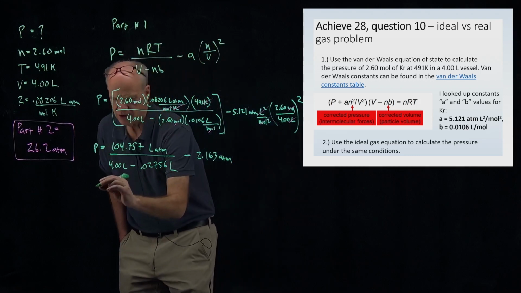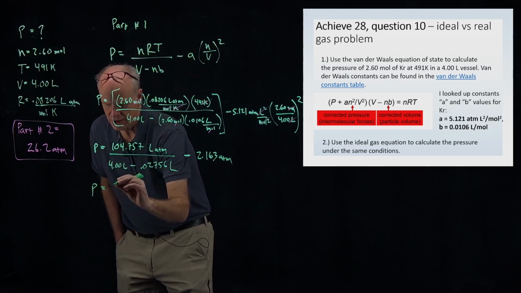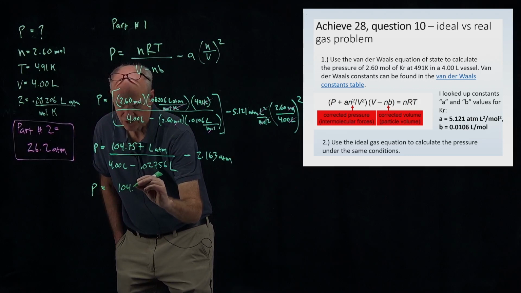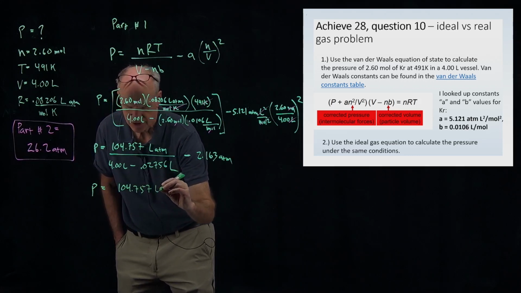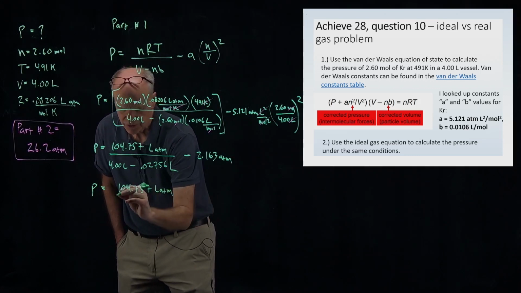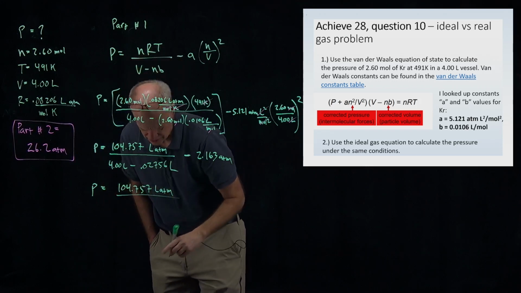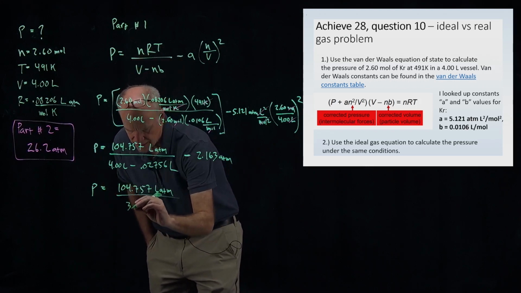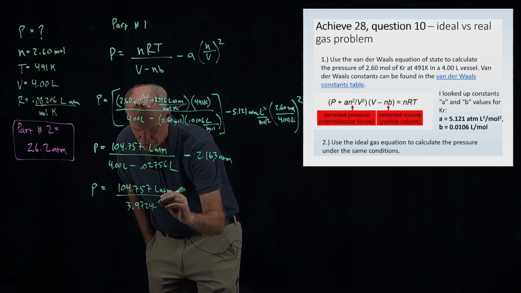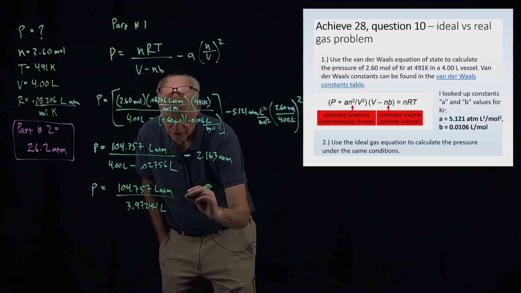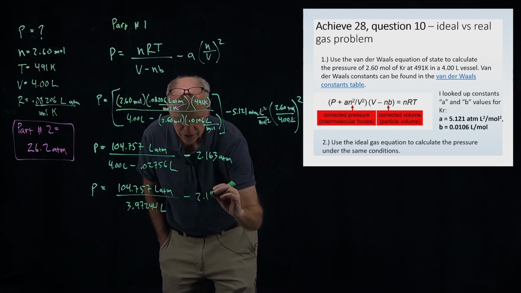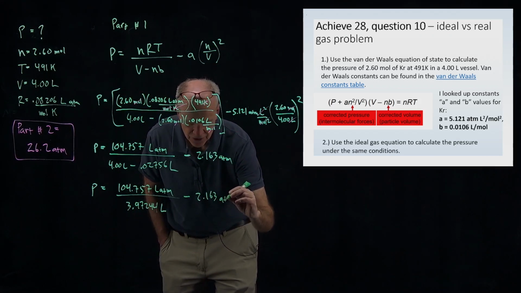So here I'm going to get 104.757 liter atmospheres over, I'm going to go ahead and do the subtraction here, and what I got was 3.972444 liters minus 2.163 atmospheres.